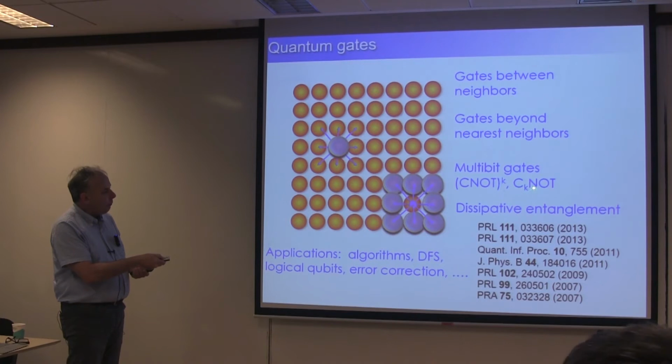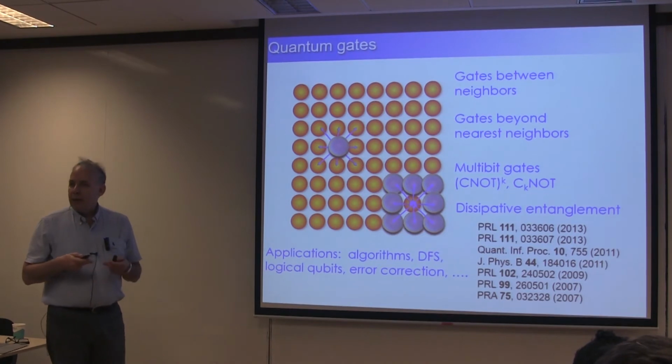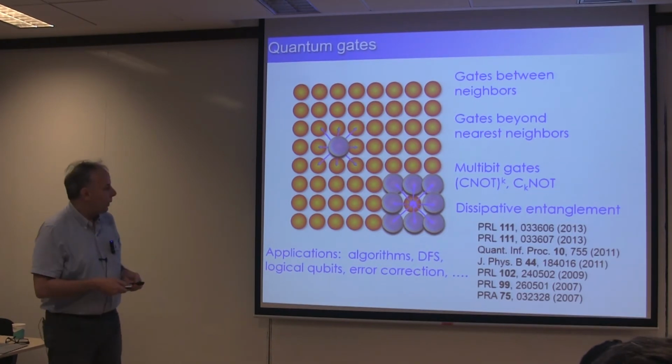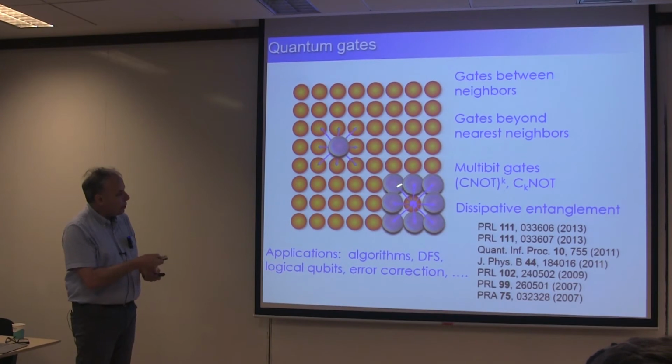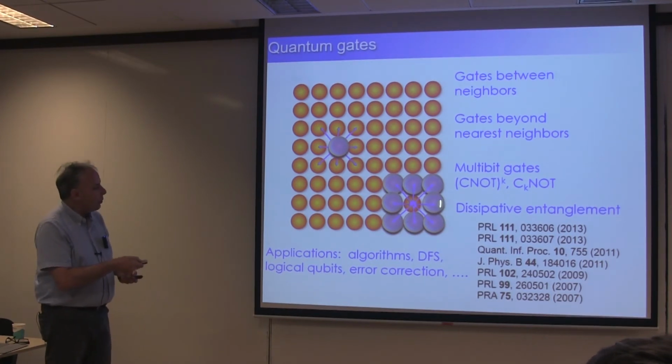And this type of multi-particle interaction is expensive to implement as a decomposition in 1 and 2 qubit gates, and turns out to have a lot of application in error correction circuits, for example. So this is also something we can do with Rydberg interactions.